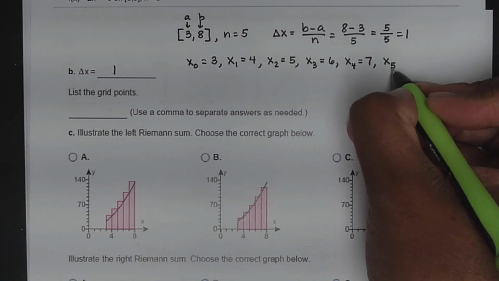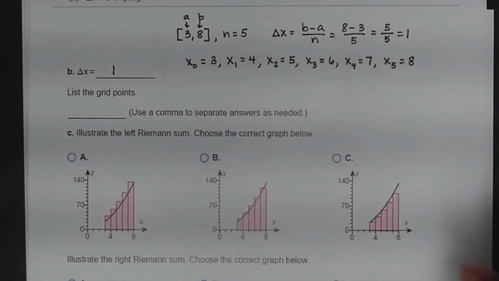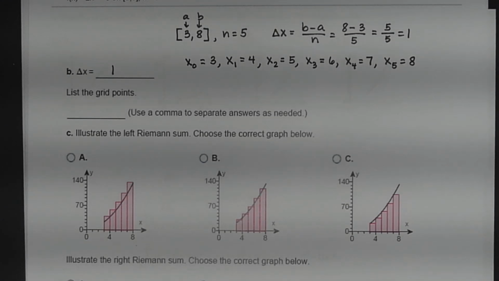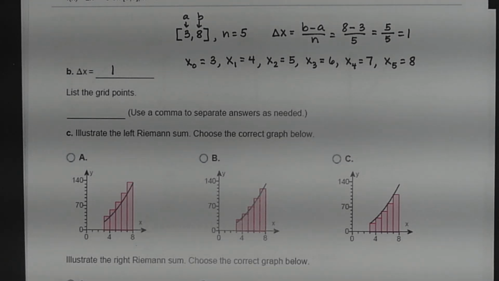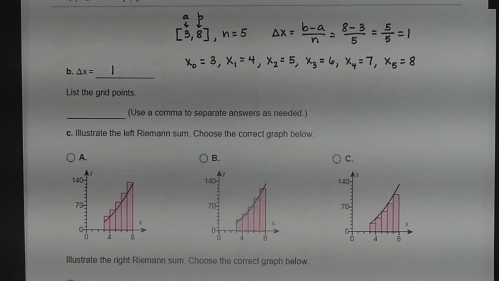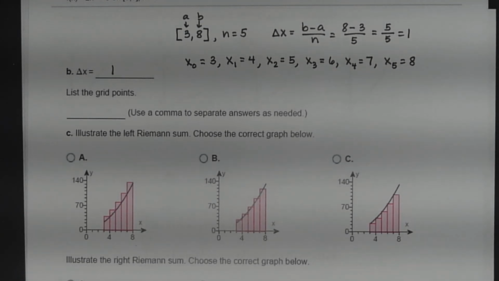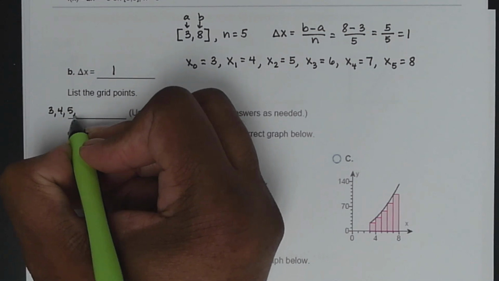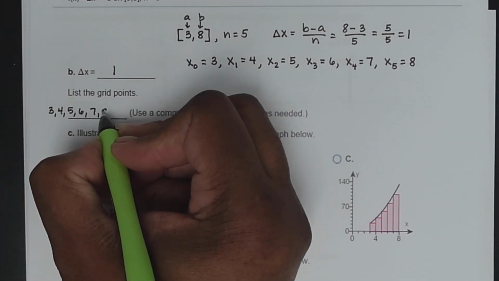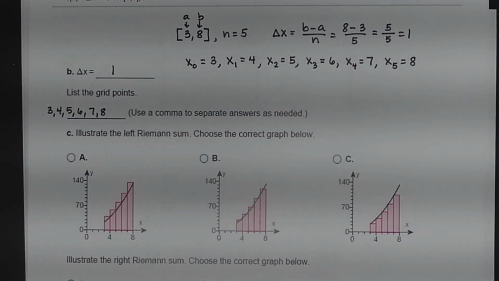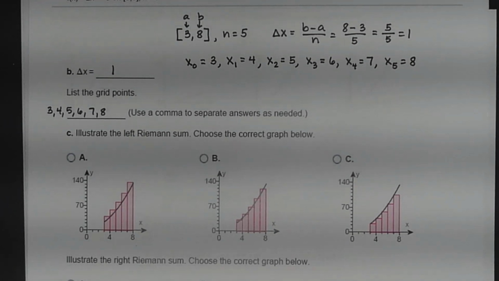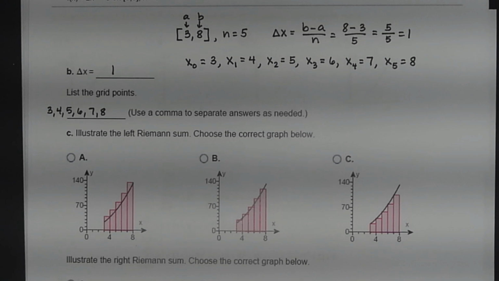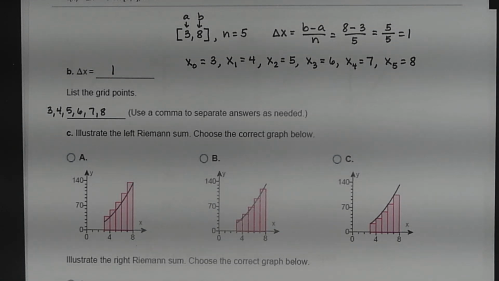And x sub 5, add 1 to the 7, you get 8. We have to stop right there because our endpoint on the right is 8. So these are all the grid points that we will use here: 3, 4, 5, 6, 7, and 8. So that's part B, finding out what delta x is, and then identifying our grid points.